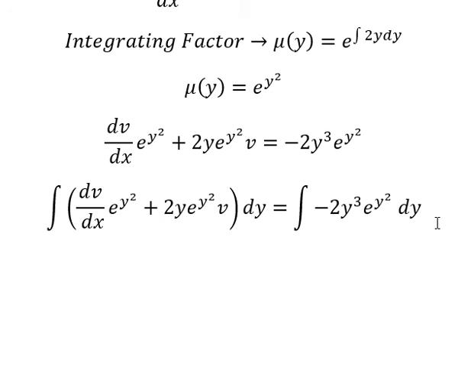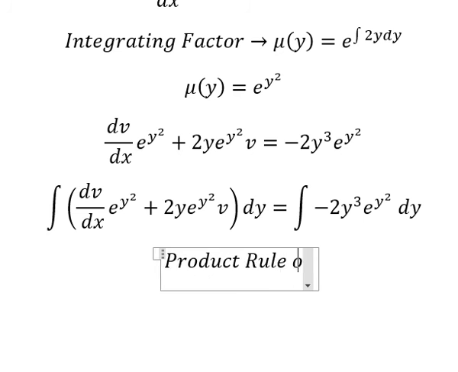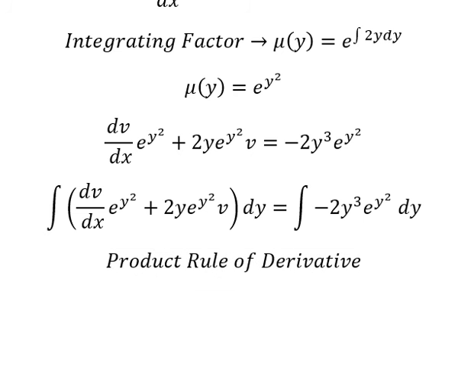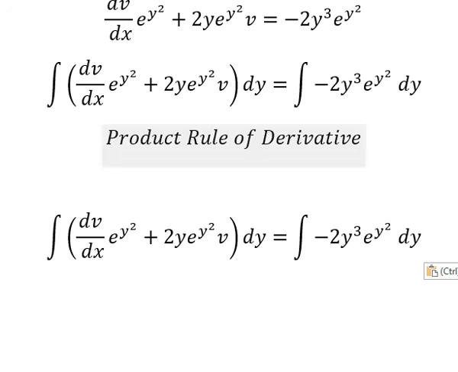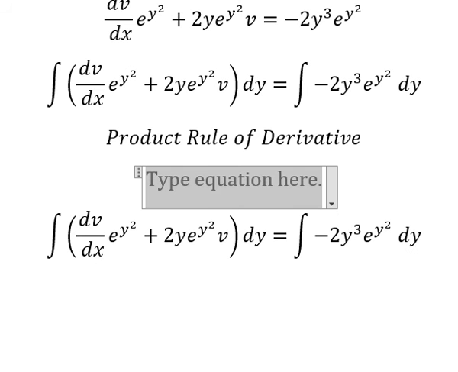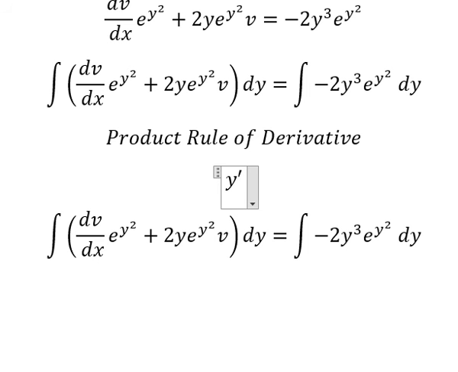Now we can apply the product rule of derivative. So we have this one in here. We know that the first derivative of y, that is the first derivative of a multiplied by b plus the first derivative of b multiplied by a.